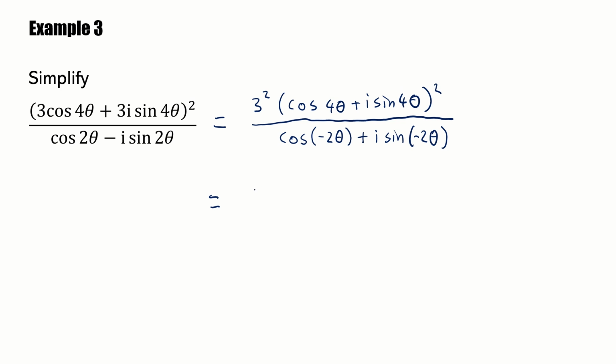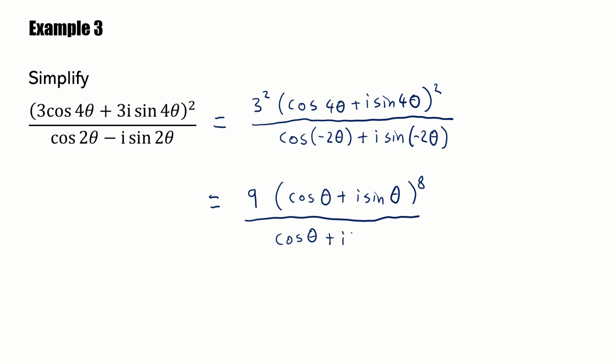I'm going to rewrite that 3 squared as 9, of course, but then cos 4 theta plus i sine 4 theta all to the power of 2 can be rewritten as cos theta plus i sine theta to the power of 8. So I'm moving that 4 inside the trig functions and combining that with the power of 2, giving us that power of 8. And on the bottom, we can rewrite that as cos theta plus i sine theta to the power of minus 2.